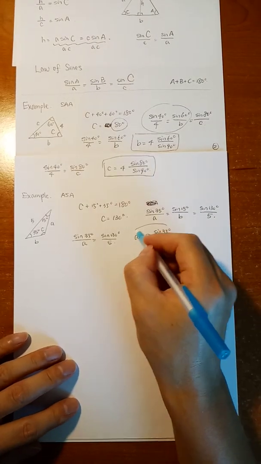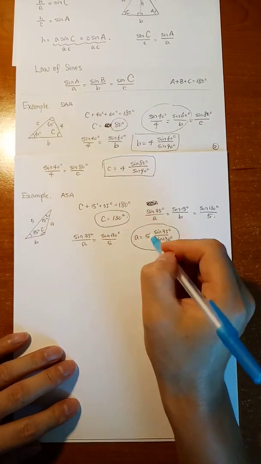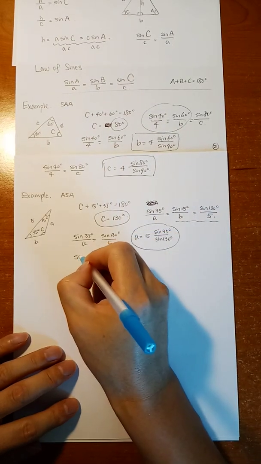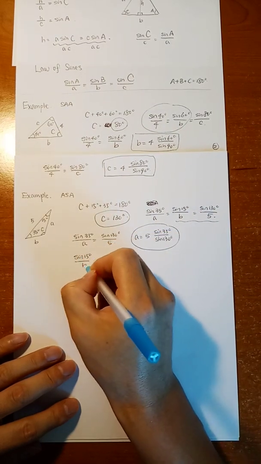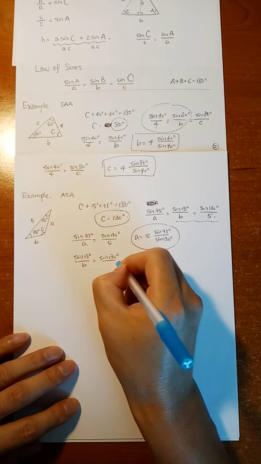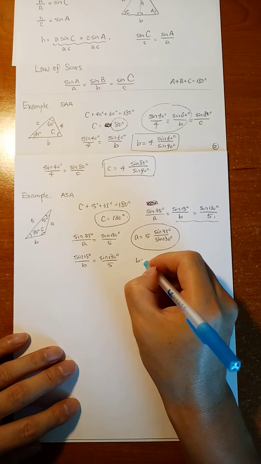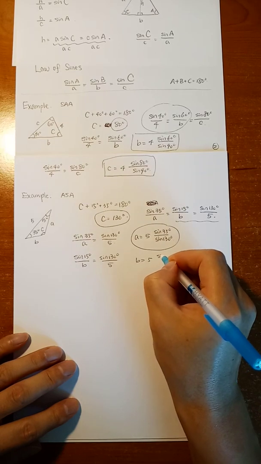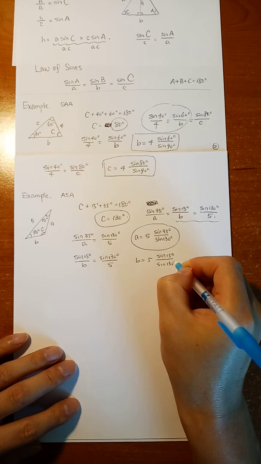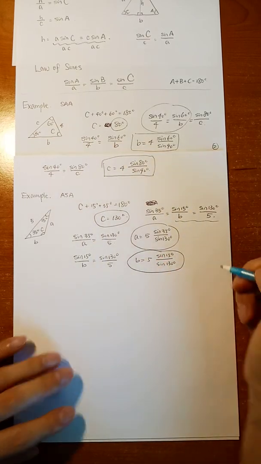So this is the second solution. And the final one, let's talk about B. For B, you just pick up sine 15 degrees over B is equal to sine 130 degrees over 5. So B is 5 sine 15 degrees over sine 130 degrees. That's B.